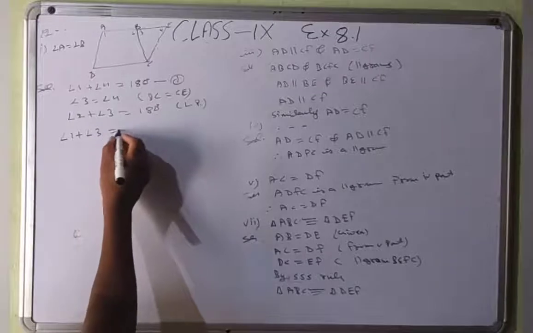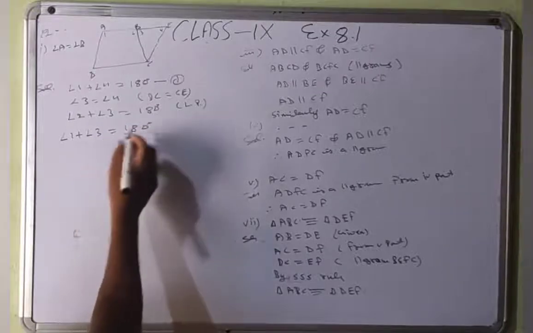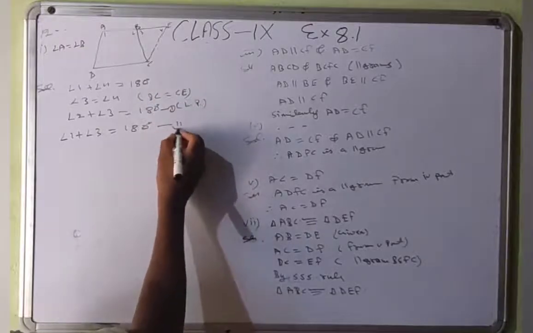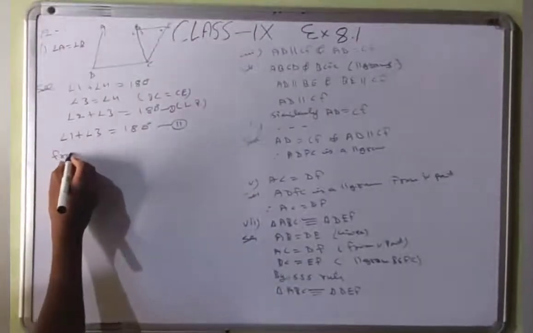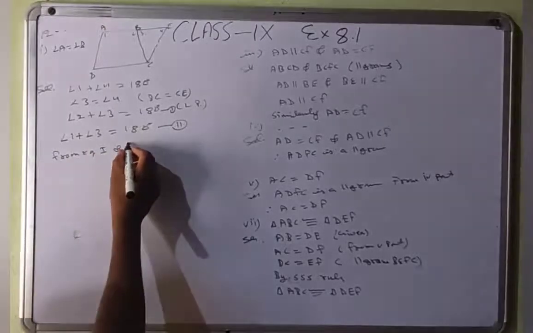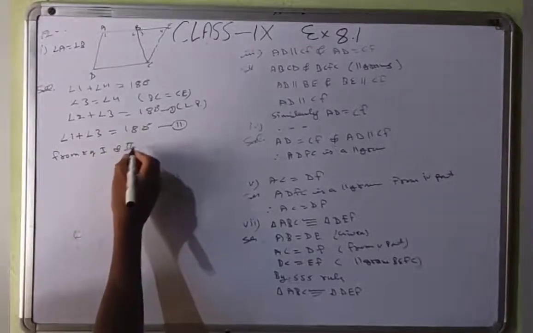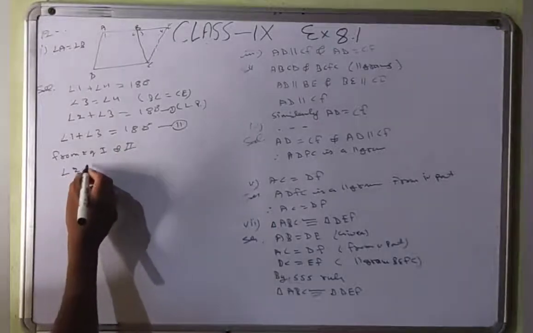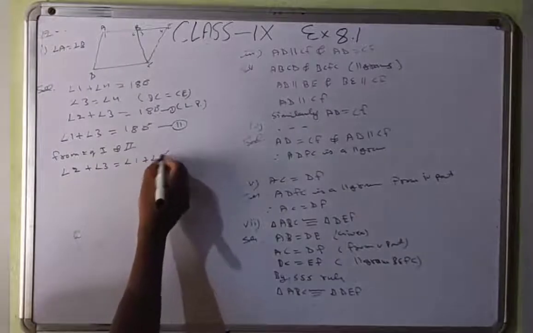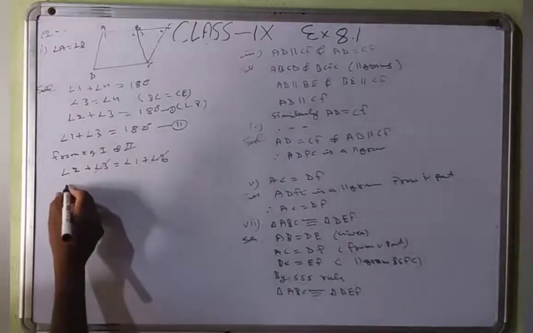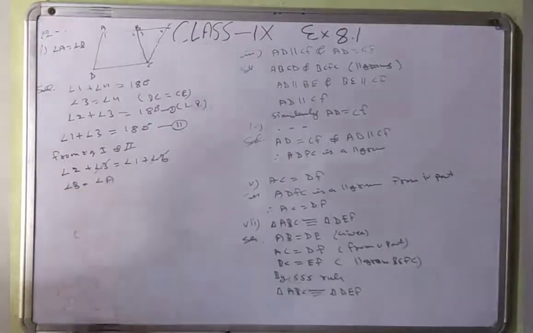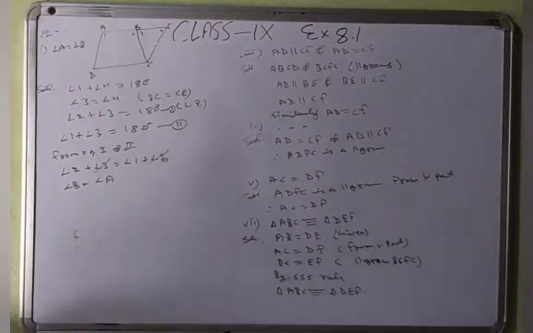Angle 1 plus angle 3 is equal to 180 degrees. This is equation first and this is equation second. From equation first and equation second, angle 2 plus angle 3 is equal to angle 1 plus angle 3. Angle 3 cancels angle 3. So angle 2, angle B, is equal to angle A.